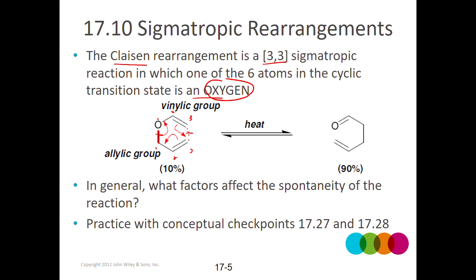And so here, what we notice is the difference in which side is favored in equilibrium doesn't depend on how substituted the carbon-carbon bonds are, or the carbon-oxygen bonds are.